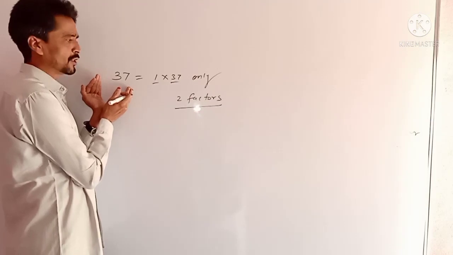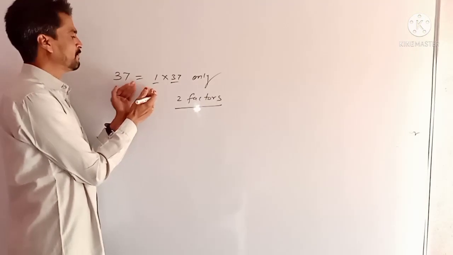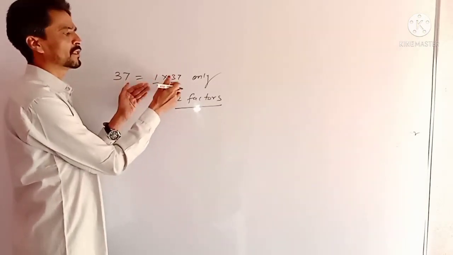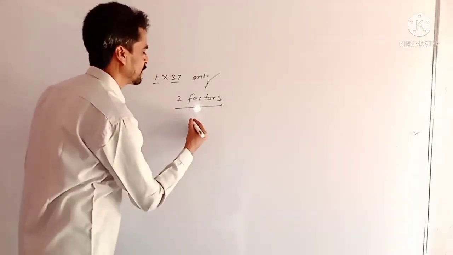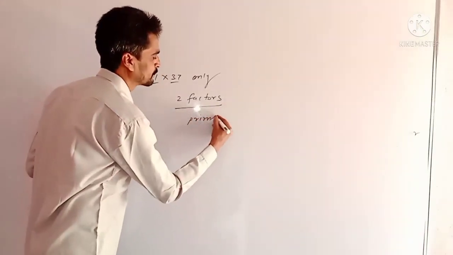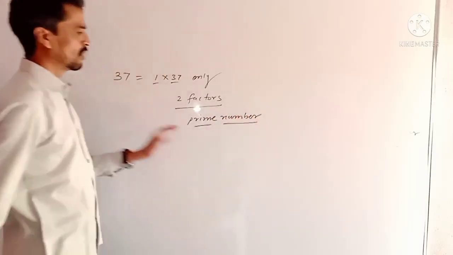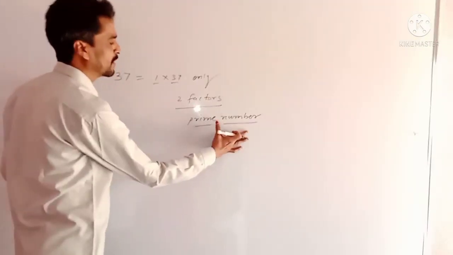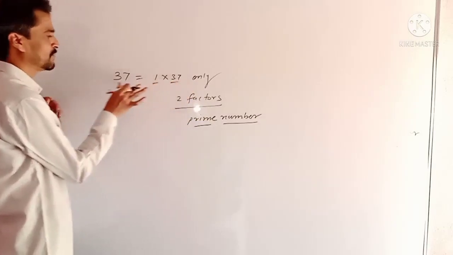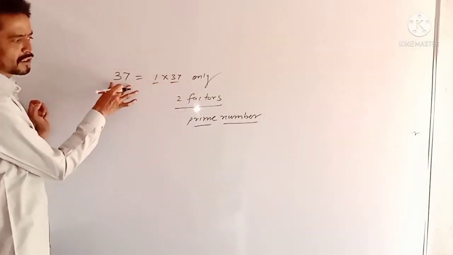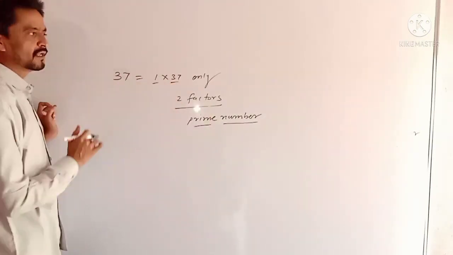Is it prime or composite? I factorized it, and it factorizes only as 1 into 37. So it has two factors, so it is called a prime number. Why? Because only two factors, 1 and itself. Clear?